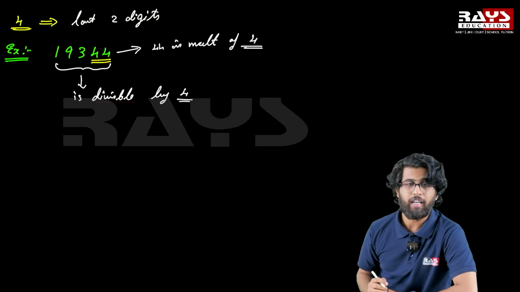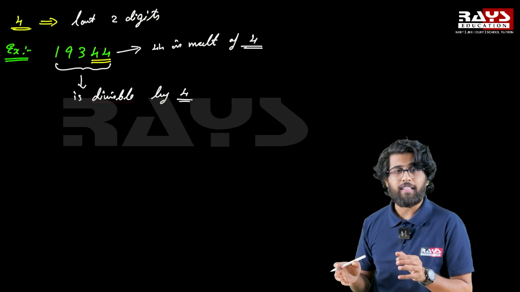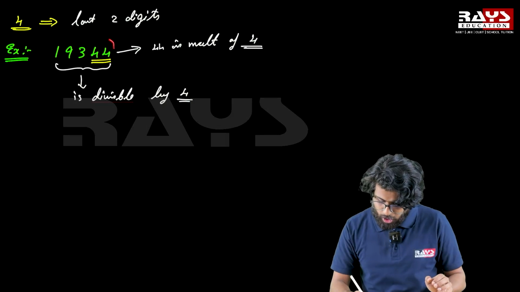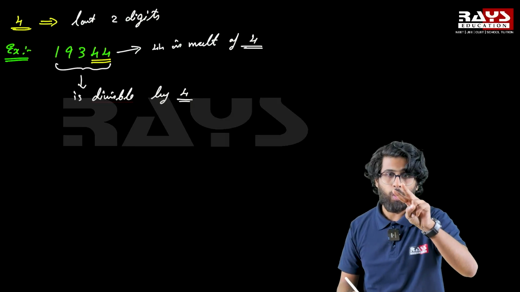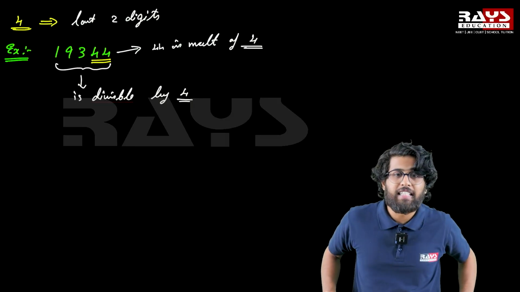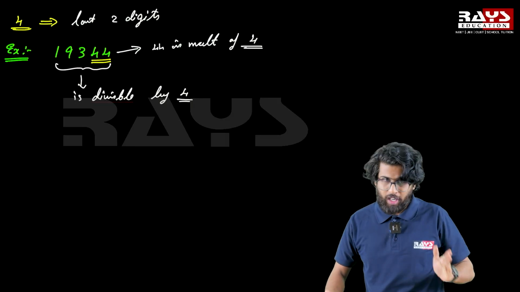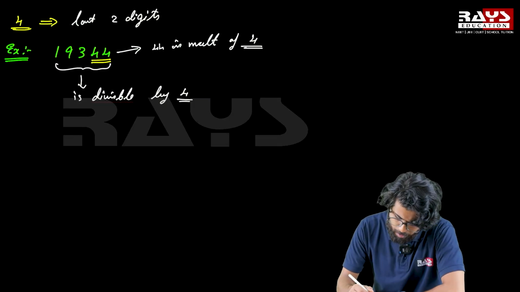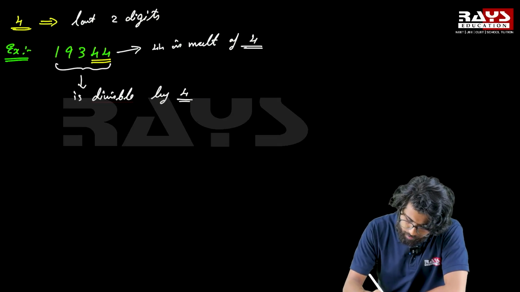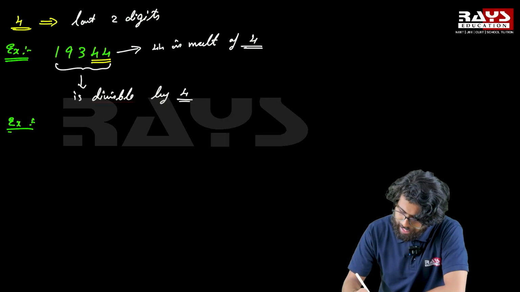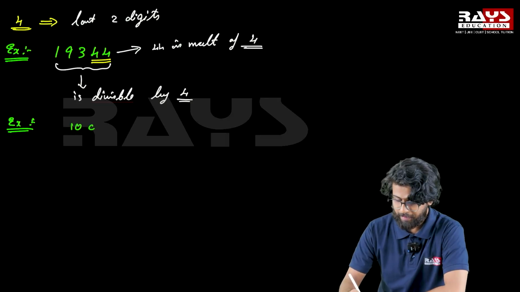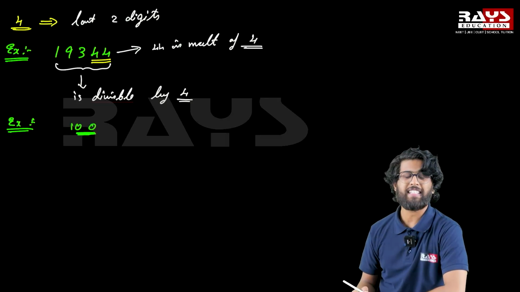Clear? And note that if the last 2 digits are 0, then also it is divisible by 4. If you want to check, let's check another example. Let's take 100. The last 2 digits are 0.